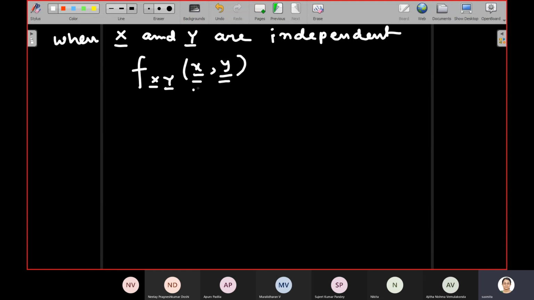So if x is n-dimensional and y is n-dimensional, then we have 2n variables, and we need to consider the joint PDF of all the 2n variables. So that is the joint PDF of two random vectors x and y.